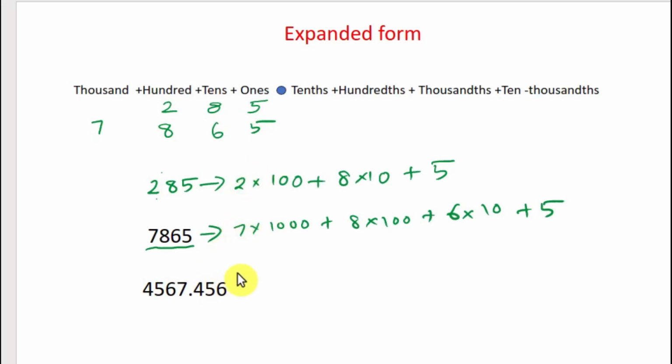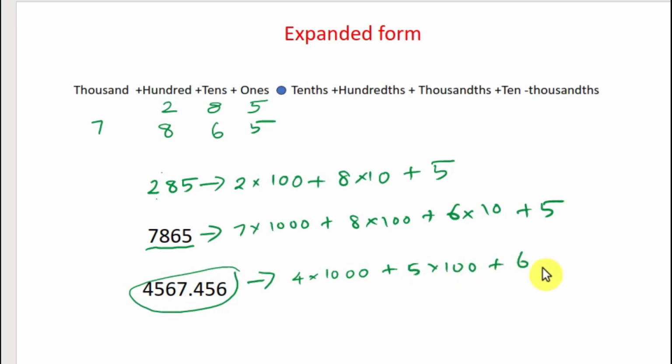Now we are going to expand decimal numbers. For example, 4567.456. Here, 4 into 1000 plus 5 into 100 plus 6 into 10 plus 7.